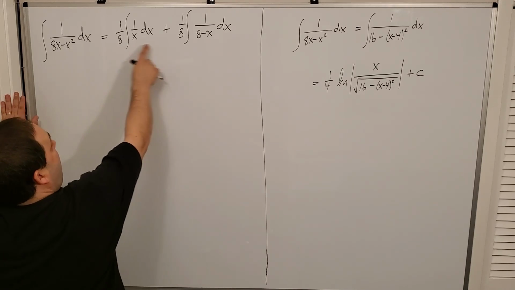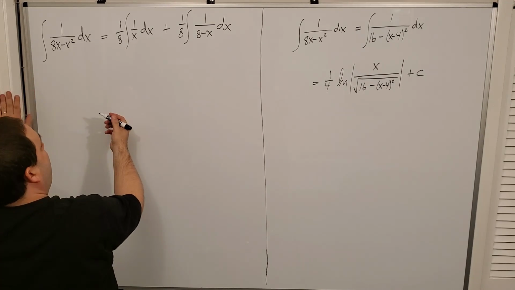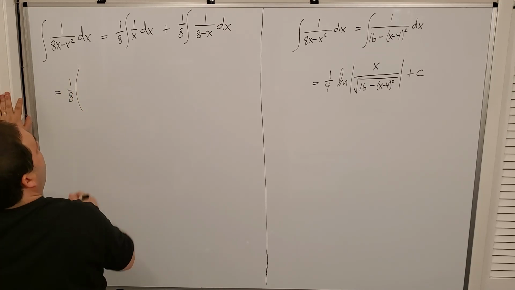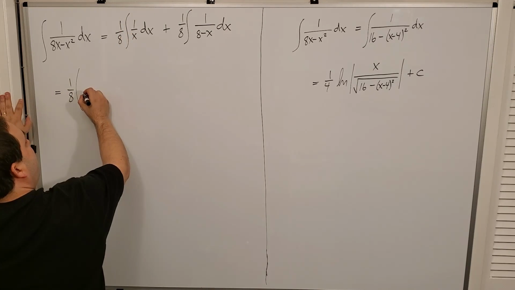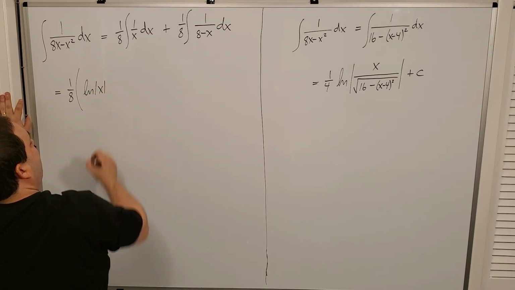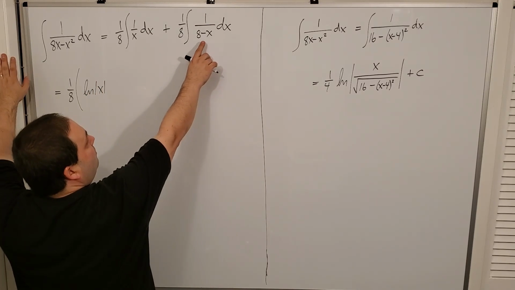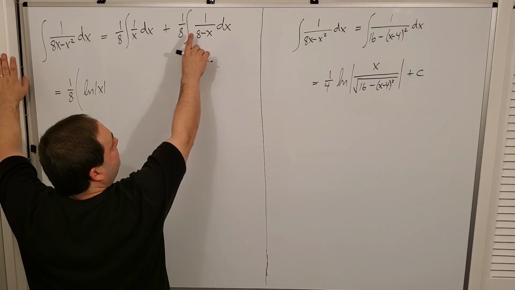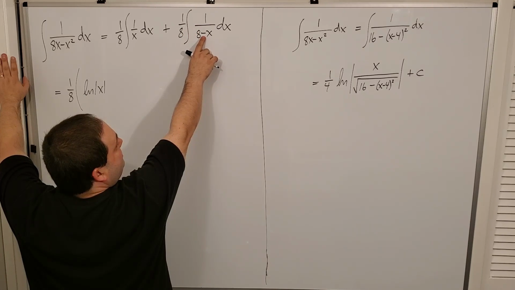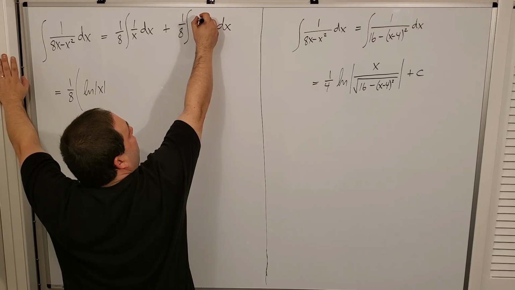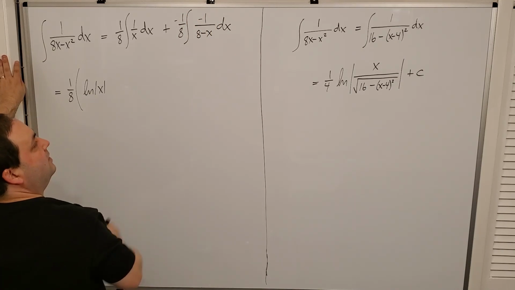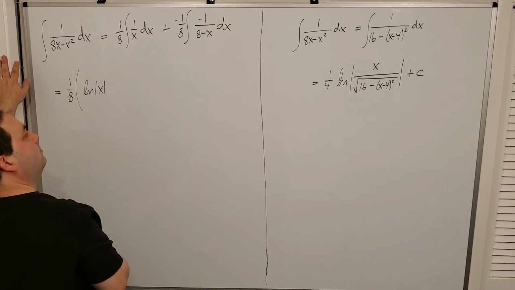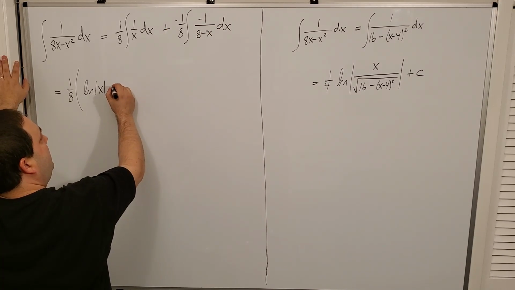The 1/8 from each one, I'm just going to factor that out from the whole thing. The integral of 1 over x dx gives me ln absolute value of x. And here, this one technically is a substitution where I need a negative, okay? Because the derivative on the inside here is negative. So technically I should be doing a minus minus. This negative will get sucked up in the du of the substitution, and then this negative right here will give me a minus.